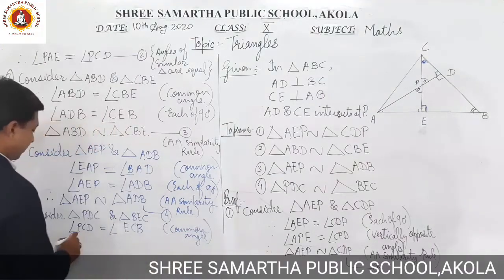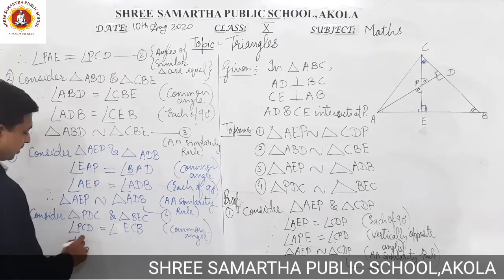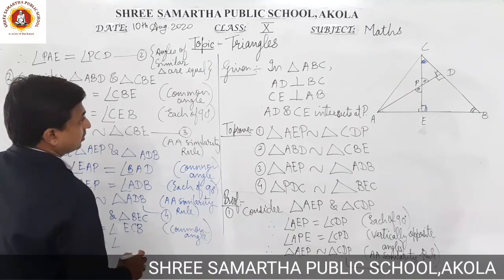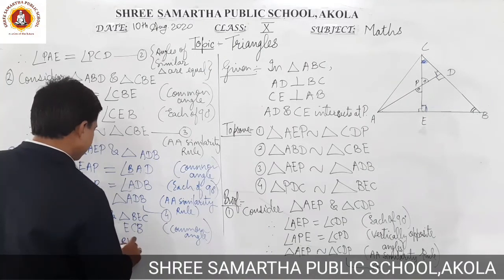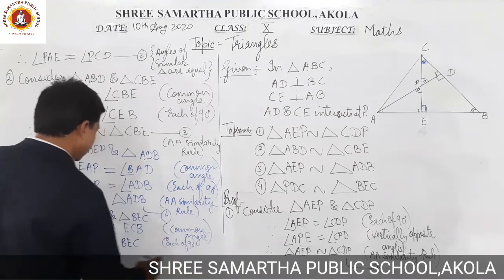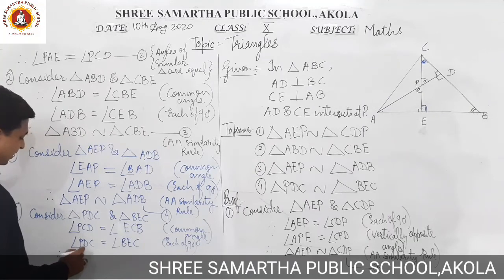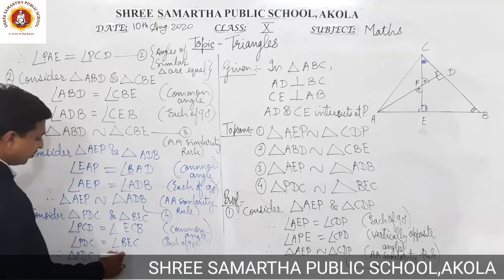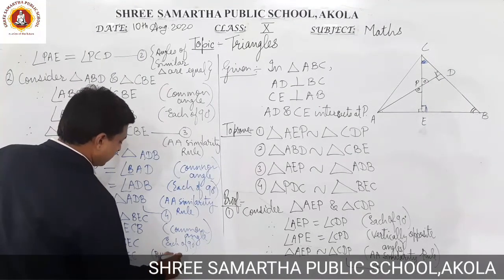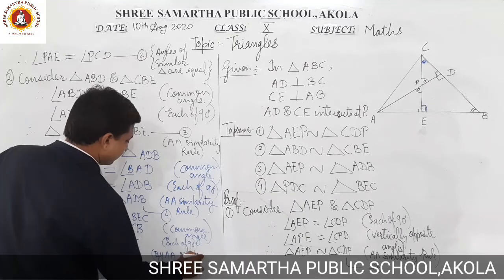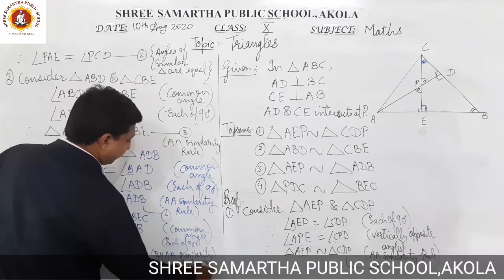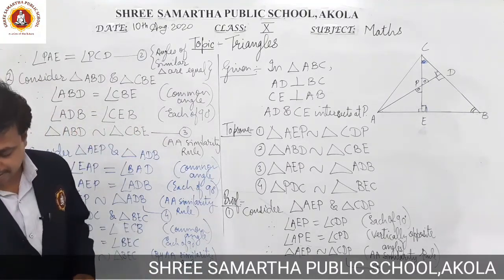And angle PDC is equal to angle BEC, each of 90, and therefore triangle PDC is similar to triangle BEC by AA similarity rule. So everything we had to prove here has been proved by AA similarity rule.